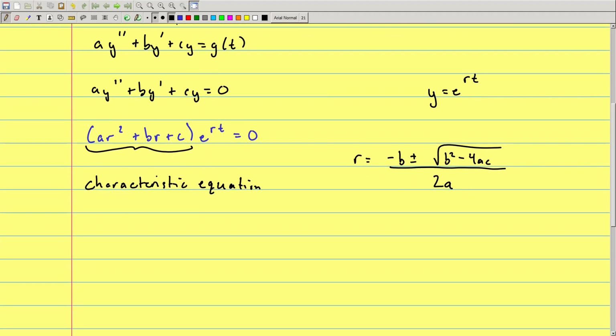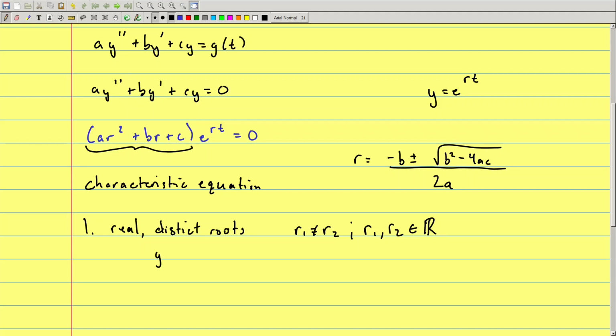There are three cases that arise. The first is the case where we have real distinct roots, so r1 is not equal to r2, and both of these are real numbers.